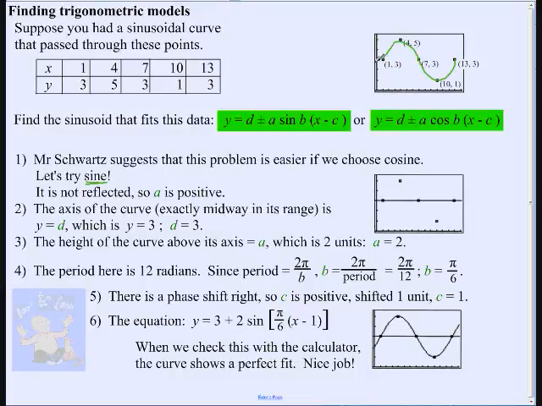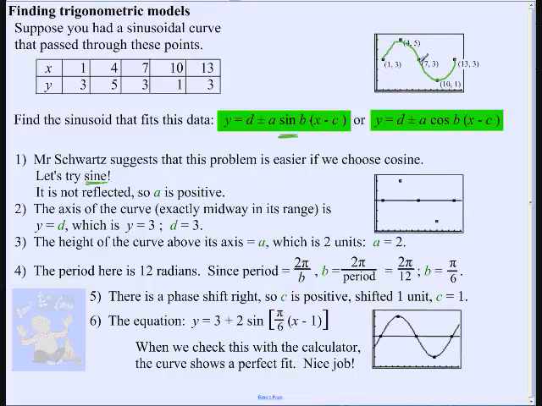It seems to me that sine looks pretty appropriate here because it's starting around the central axis. Yeah, I think sine would be the one to do. It's not reflected.